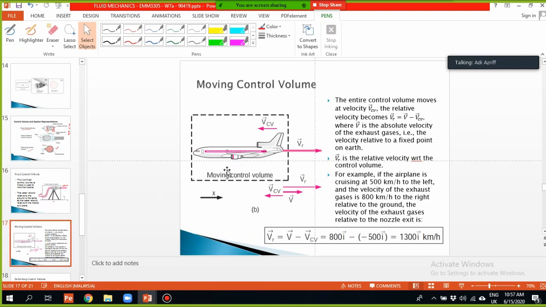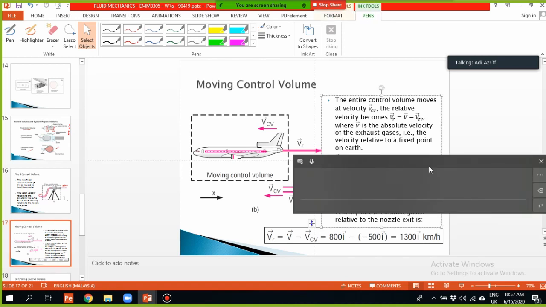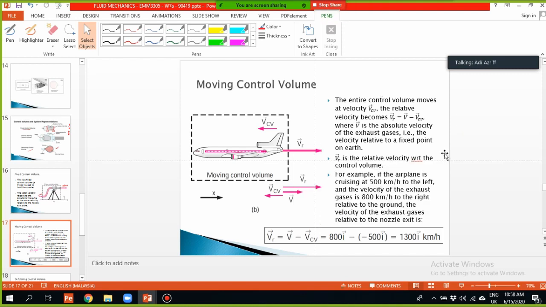For example, you have a moving control volume of an aeroplane. The entire control volume moves at a velocity of the control volume, so the relative velocity V relative is equal to the velocity minus the velocity of the control volume, whereas V is the absolute velocity of the exhaust gas, relative to a fixed point on Earth.